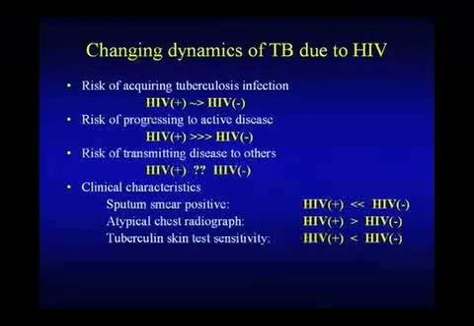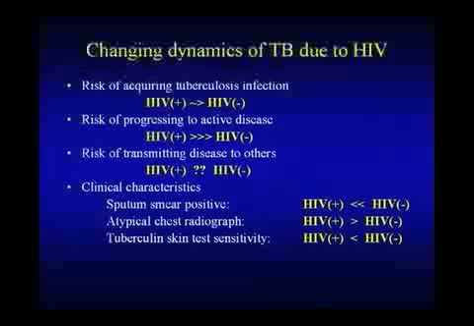However, we do know, as we see in the bottom, that HIV positive patients are less likely to be sputum smear positive. And therefore, if they're more likely to be sputum smear negative, they have less bug and are less likely to transmit TB to others. Atypical chest radiograph is also more likely in HIV positive patients, making TB diagnosis more difficult.